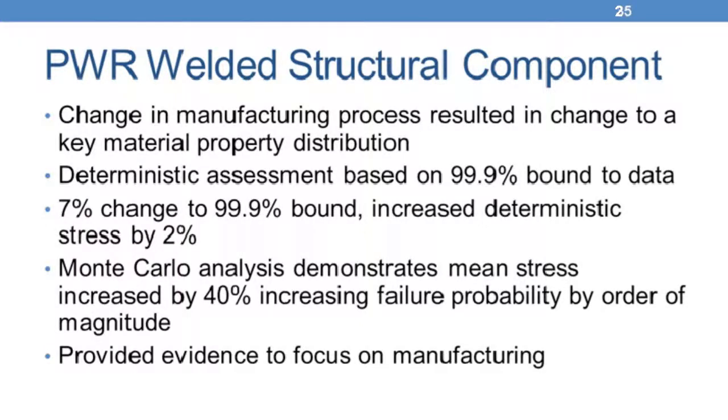This gives the false perception that the stress response is not sensitive to the manufacturing change, because when we evaluated this using a Monte Carlo approach, the mean stress is observed to change by a much more significant 40%.